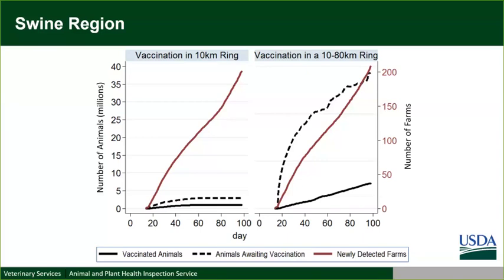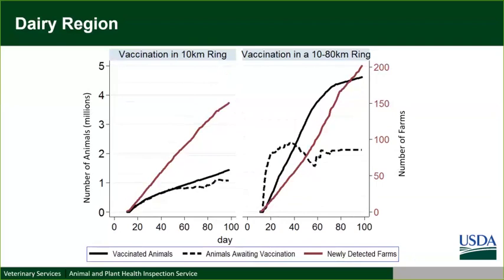And so we have this continued uptick in the number of infected premises that you're seeing there with the red line, which corresponds to the right axis on this graph. So that's an example in swine, and another example in dairy. So something very similar, doing a large ring can really affect, especially in those first 14 weeks, how many doses you have available if disease were to spread outside those areas that you're trying to vaccinate.